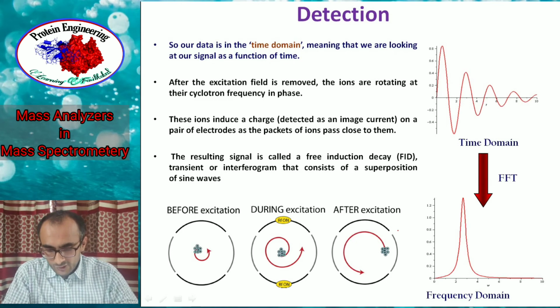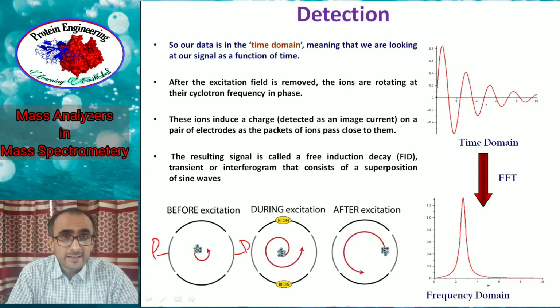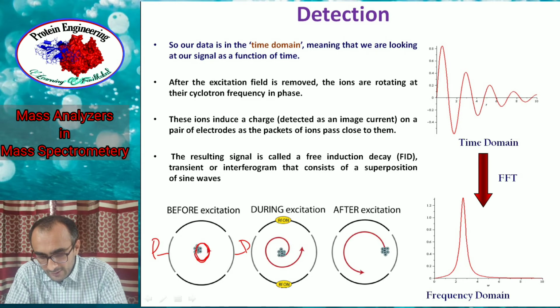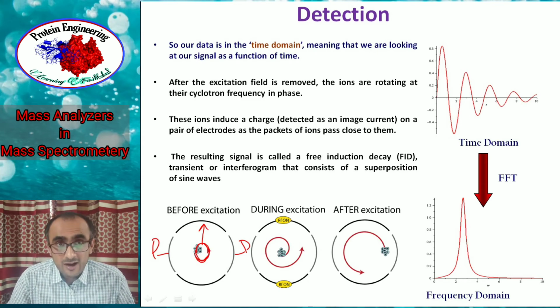But there is one issue. For example, if you have a detector plate here, initially when these ions enter the ICR cell, their orbit is too small for them to be detected by the detector plate. They are oscillating in a smaller orbit here, for example. So in order to get them detected, they should come close to the detector plate. That is done by exciting these ions with a radio frequency pulse.